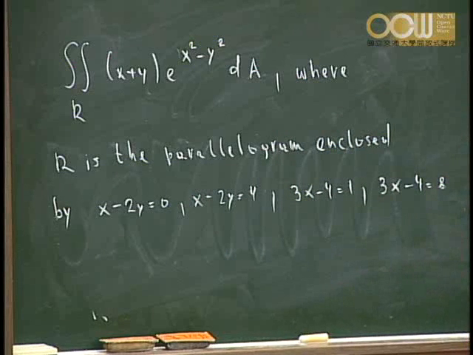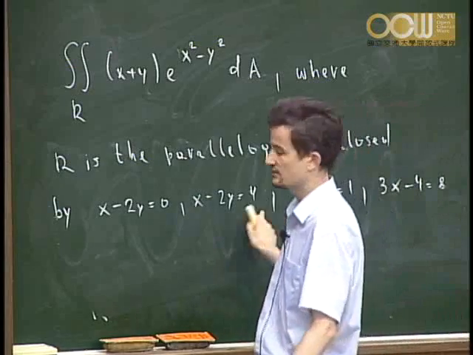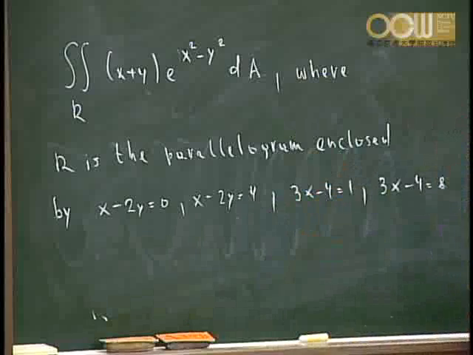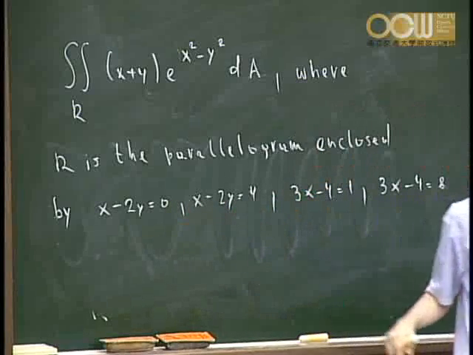So you see you have two lines like this, the other two are like this, so you have a parallelogram, and they have a certain distance from each other.